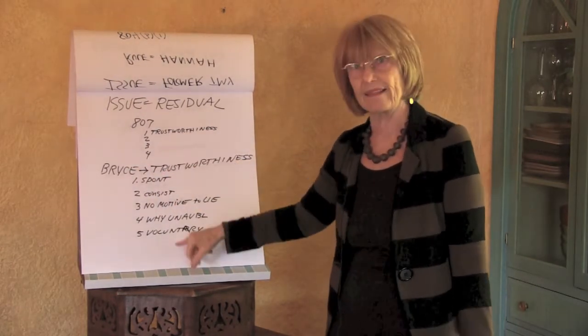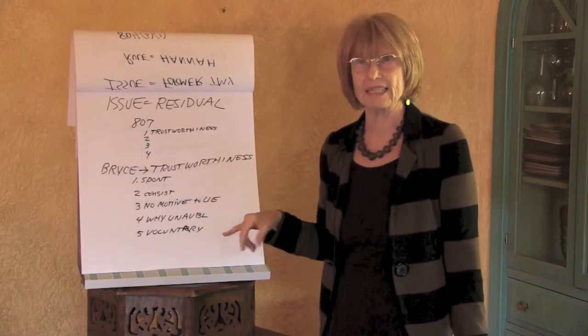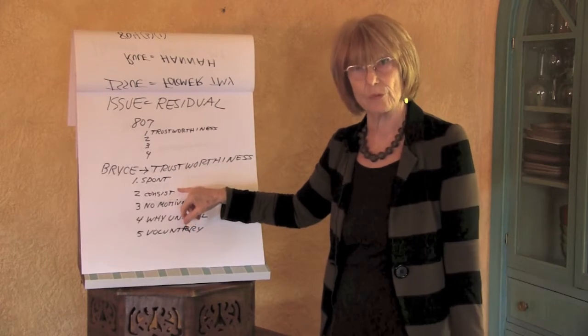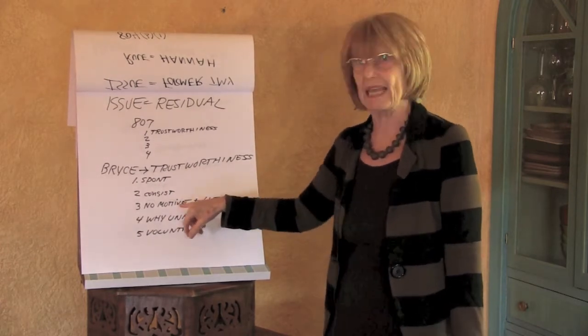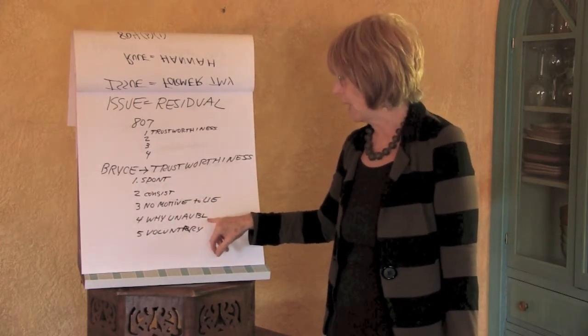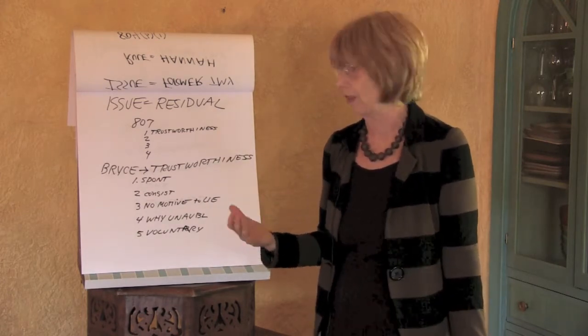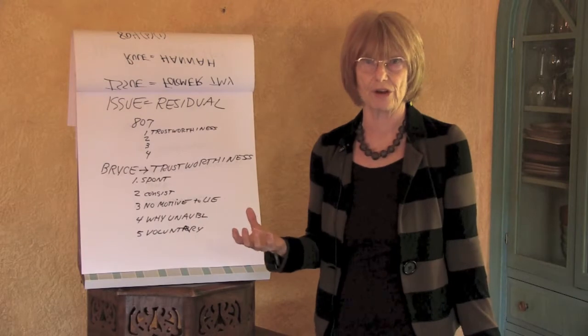And the Bryce case zoomed right in on trustworthiness. And it added these factors: that the statement by the declarant was spontaneous, it was consistent with other statements that he'd made, he had no motive to lie, the reason for the witness's unavailability at trial this time, and that it was voluntary.